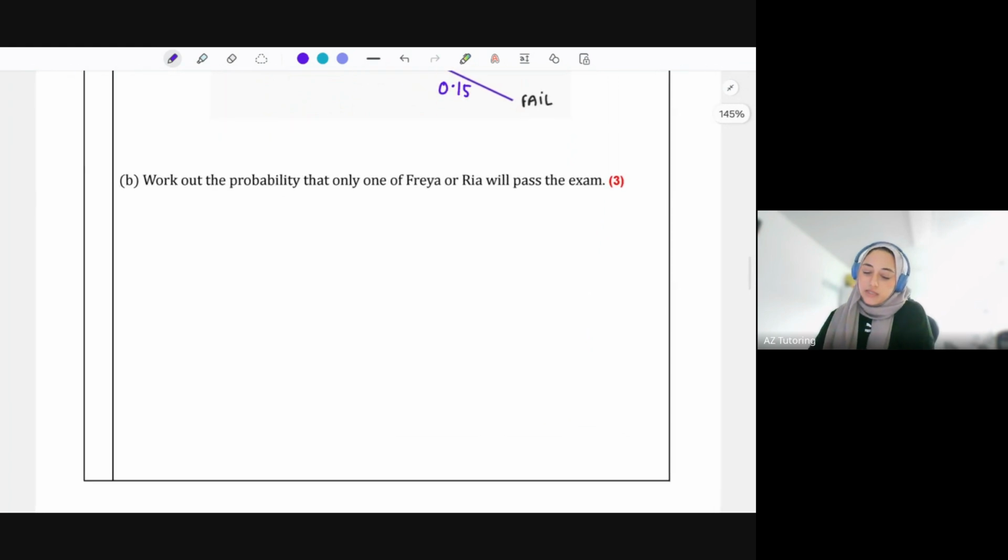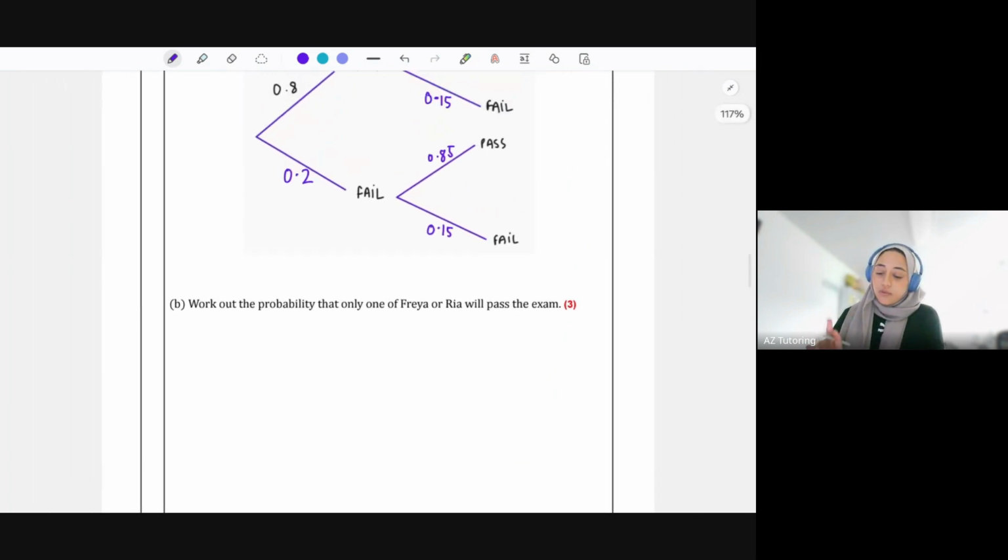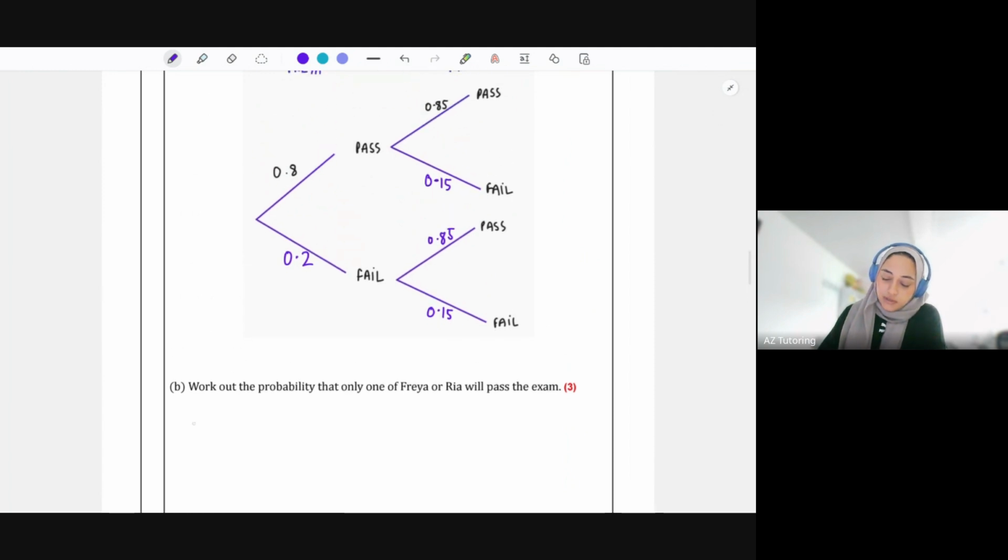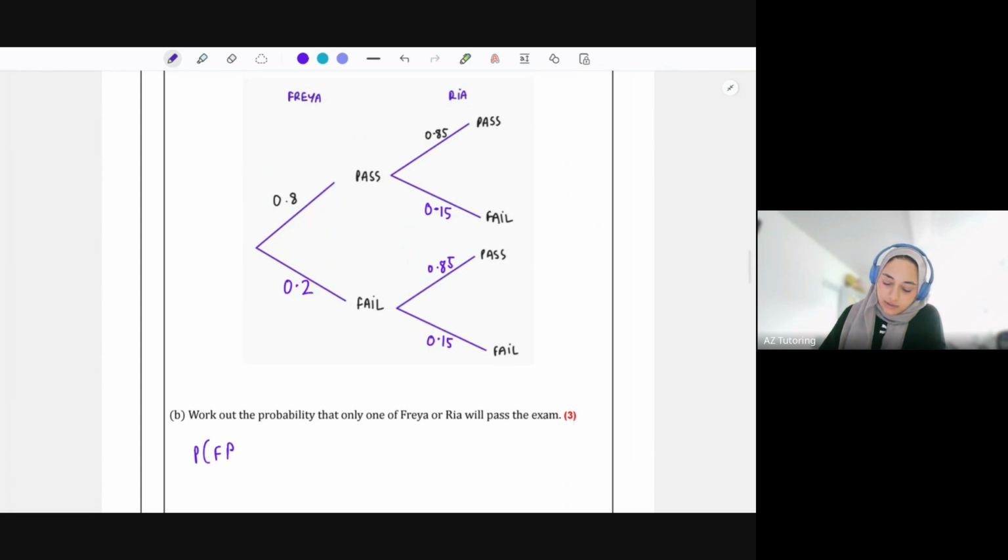Work out the probability that only one of Freya or Ria will pass the exam. So only one of them will pass the exam. So we could have the probability that Freya passes, I'm just going to call it FP, but because we only want one of them to pass, that means Ria would have to fail.